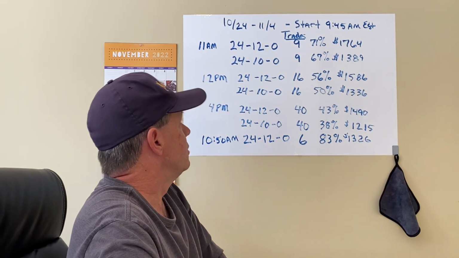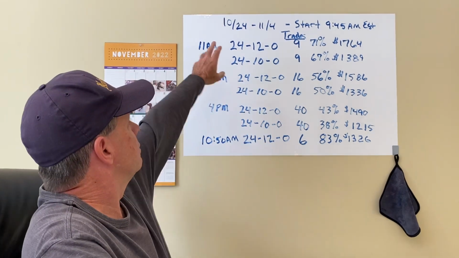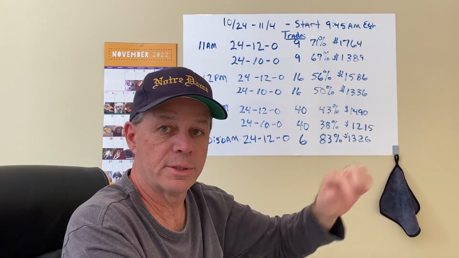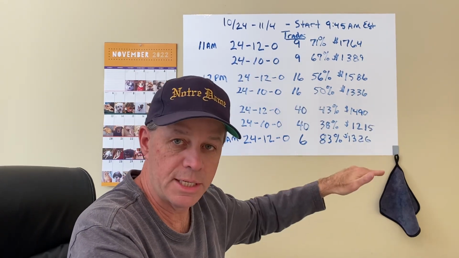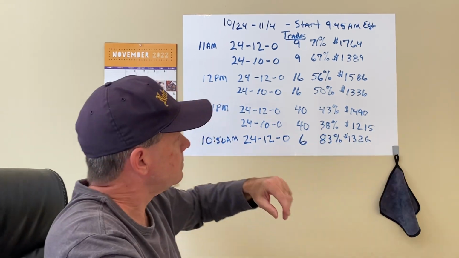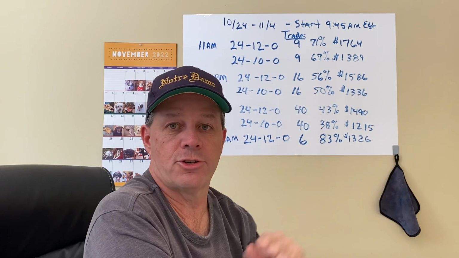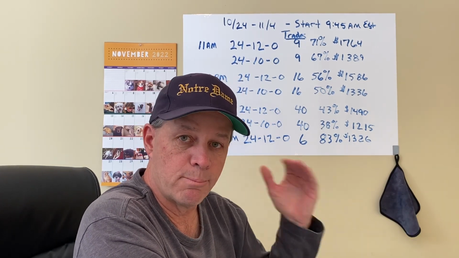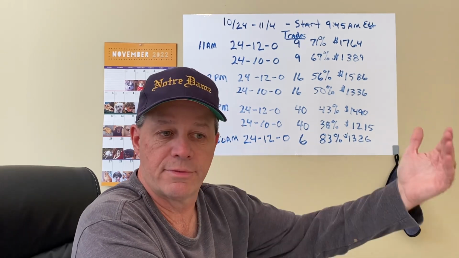And so what I did is we went back from October 24th through November 4th, and we removed FOMC day, okay? Again, so we already had that data. We set up a 5 minute chart, and we basically did the continuation trade, which is in the break of the candle, the top of the candle.